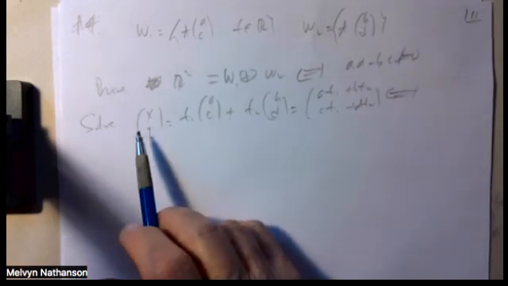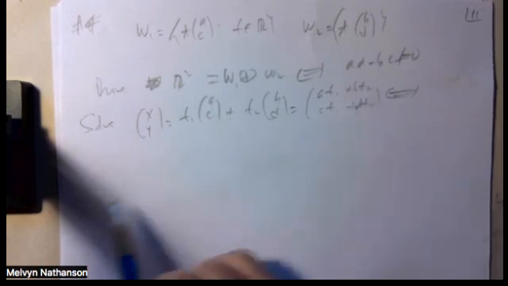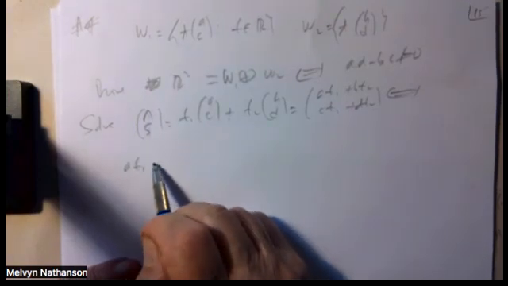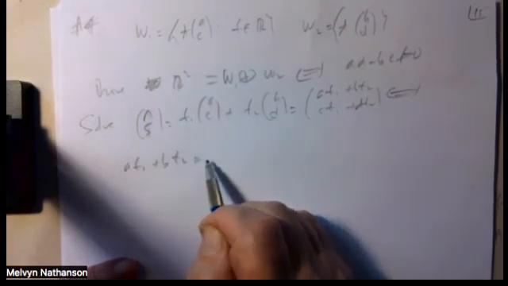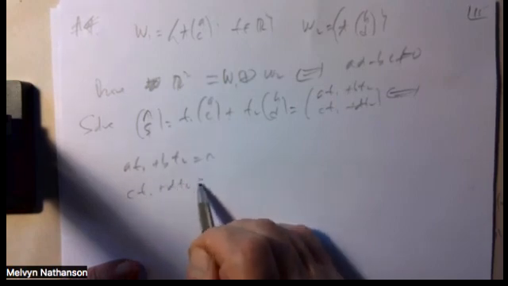So it means, when can you solve these two equations in two unknowns? The unknowns are t1 and t2. Maybe to make this less ambiguous, I write this (r, s). So you want to solve the equations a t1 plus b t2 equals r, and c t1 plus d t2 equals s.